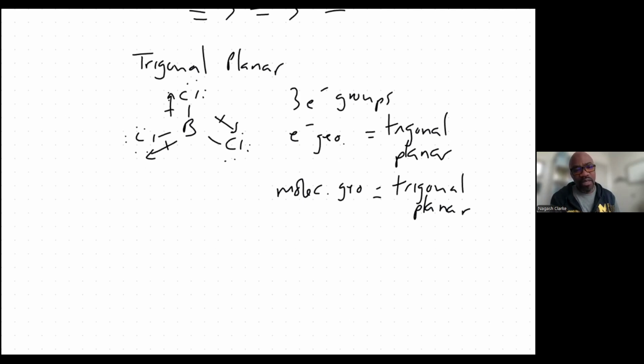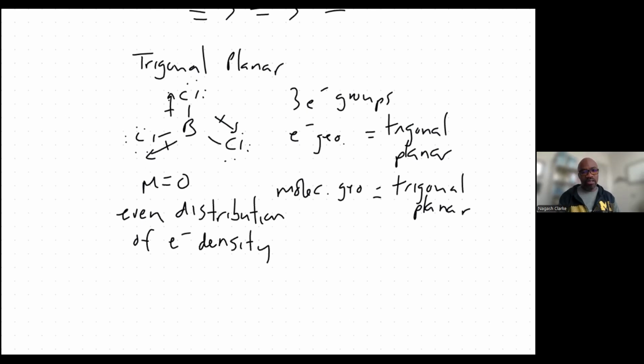Chlorine is 3. But there's an equal pull of electron density towards the chlorines, so my dipole moment is 0. There is an even distribution of electron density, and we could say the same thing about carbon dioxide above. Those are some of the terms that we use.